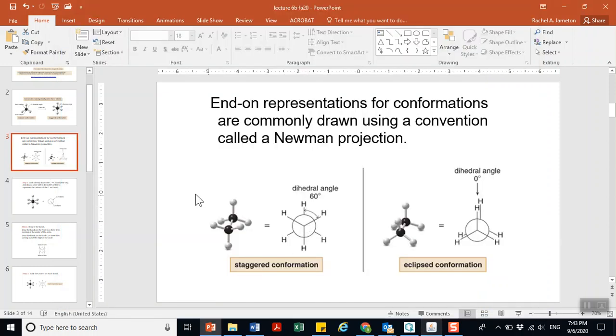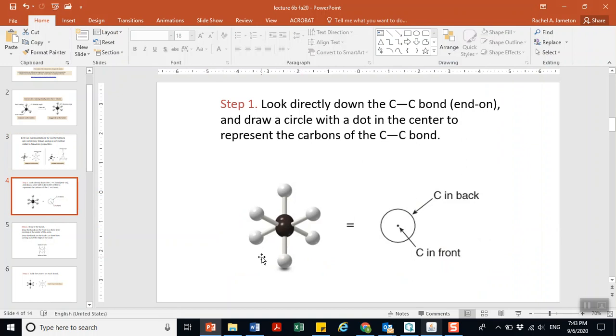So when we draw Newman projections, we draw the carbon that's in the front as just a little tiny dot. And then, like I said, there's this disk that you put over the bond that blocks a little bit of the carbon-hydrogen bonding in the back.